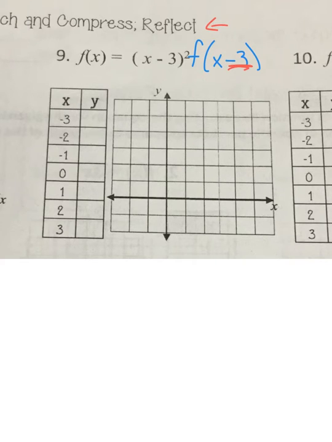But remember, our x lied, so that's not correct. Instead of going to the left, I'm actually going to go to the right. So if you see a negative number, it's going to go to the right. So instead of going at the origin, I'm going to go 1, 2, 3 over, and then I would have my graph.